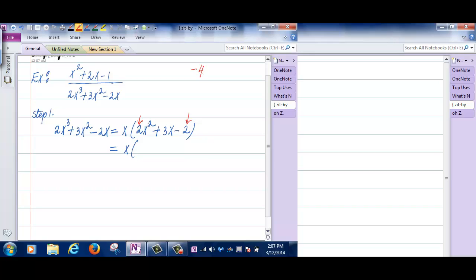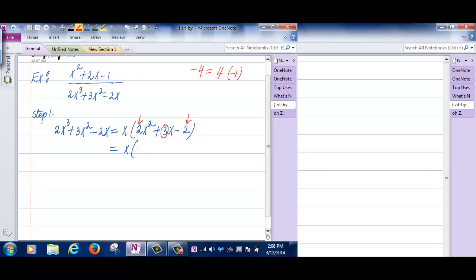My goal is to find two factors of negative 4 so that when I sum the factors, I get positive 3, the positive 3 here. The two factors I need are 4 and negative 1. If I multiply 4 and negative 1, I get negative 4, but if I add them, I get 3.